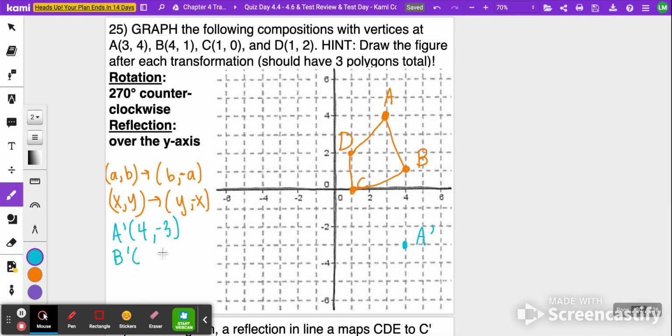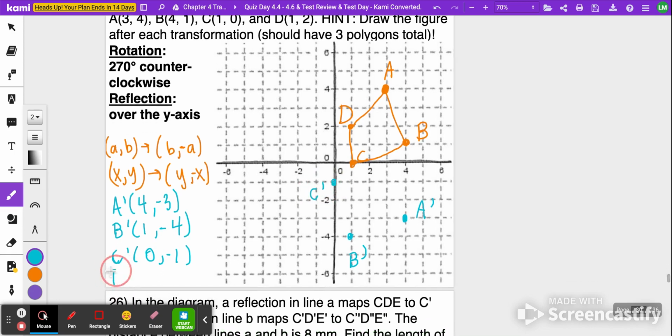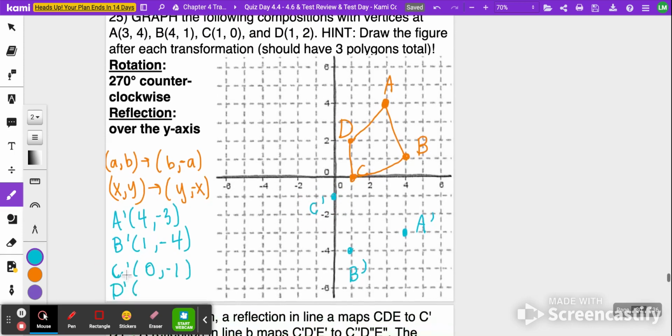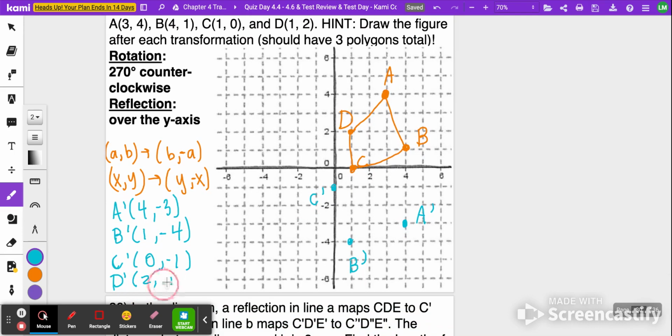For B prime, 1, 4, but the 4 would be negative, so B prime would end up here. For C prime, 0, 1, but the 1 would become negative, so here would be C prime. And then D prime, the 1 and the 2 switch around, so 2, 1, but the 1 would become negative, so 2, -1.